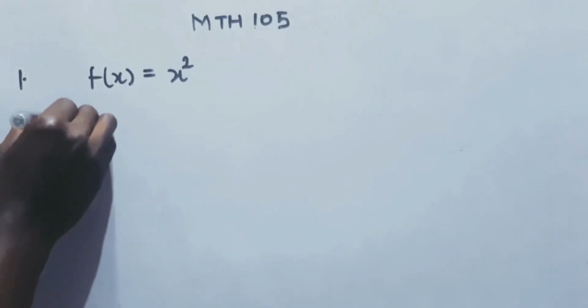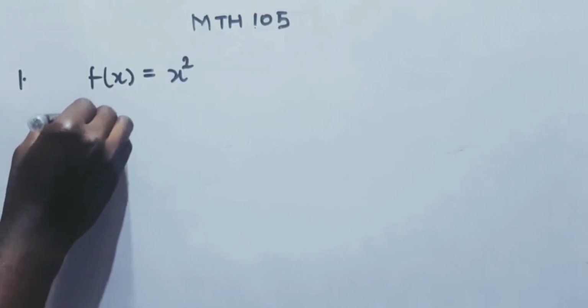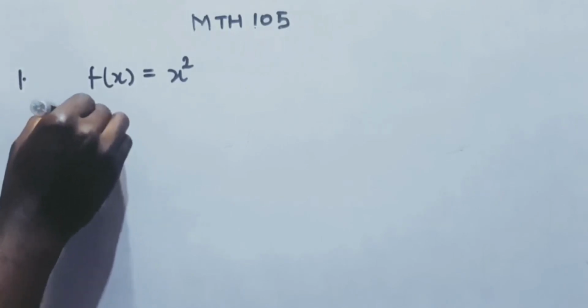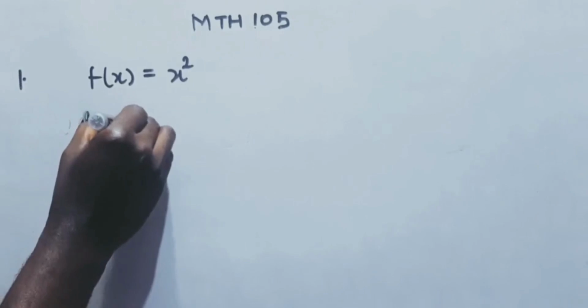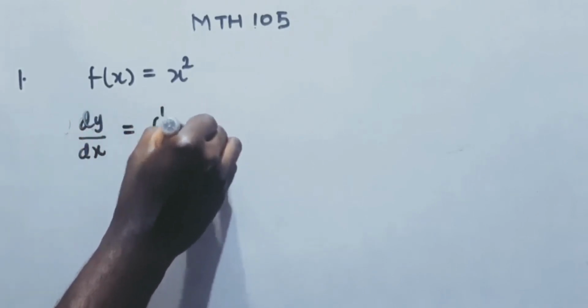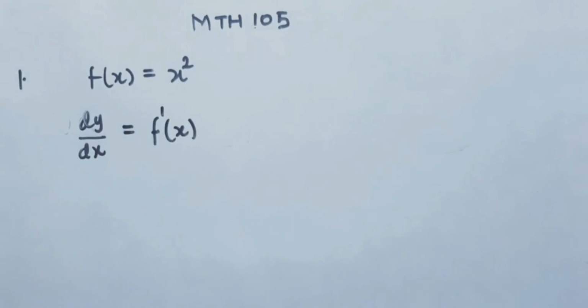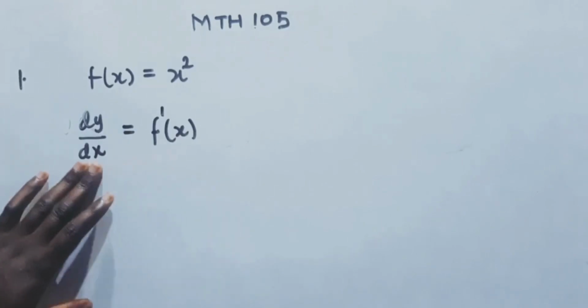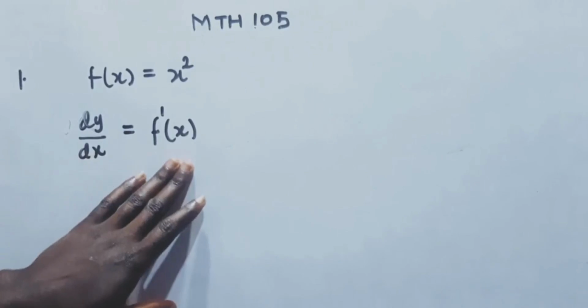That is to say my dy dx is the same thing as saying my f prime of x. So just in case you come across it, this is equal to this, or this is equal to this.